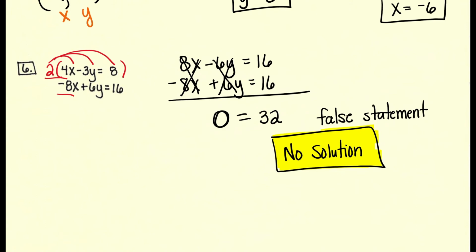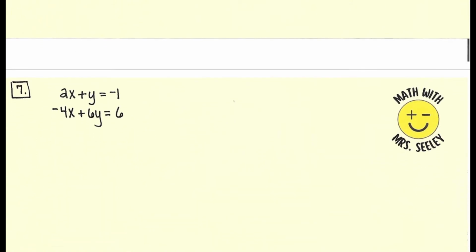All right, let's take a look at problem number 7. And again, if you'd like to pause the video and try it on your own. So let's choose a variable to eliminate. Possibly you might choose your y's. If you do that, you'll do a negative 6 to knock out that positive 6 in the denominator. I think though I'll do the x's.